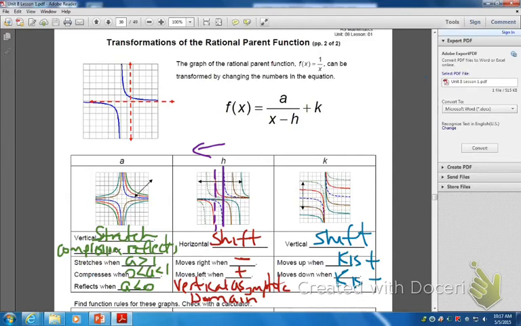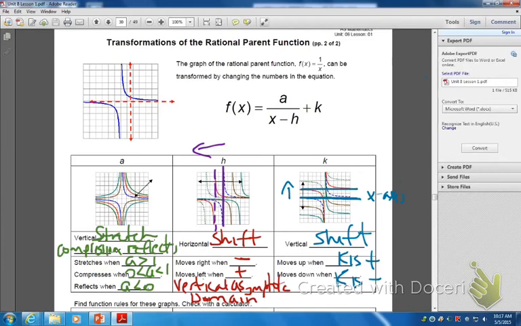So if we start with our parent here, where this is our x-axis, I'm going to move. Let's look at the red one. Did we move this red one up or down? You see that? Where did we move that red one? You see where the new asymptote is right there? Okay. So now it's at 2, yes.